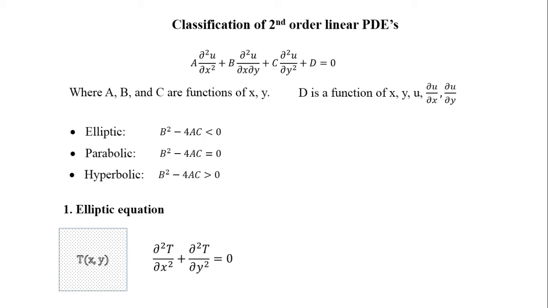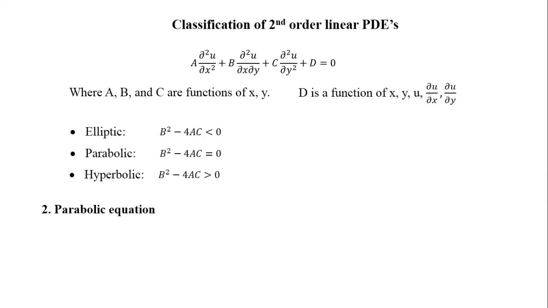If we compare the Laplacian equation with the generalized expression, we find that A is equal to 1. Here we don't have the del 2u by del x del y term, so B is equal to 0. By comparing del square T by del y square, you will find that C is equal to 1 and D is equal to 0. Substituting these values into b square minus 4ac gives 0 minus 4 times 1 into 1, which is equal to minus 4, and this is less than 0. So this Laplacian equation is elliptic in nature.